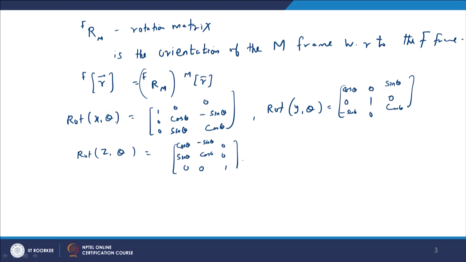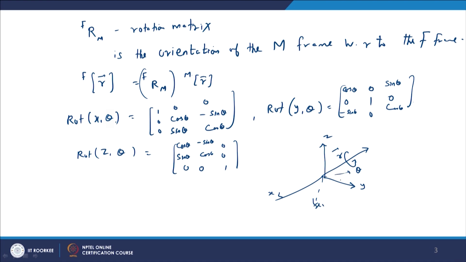Okay. So these three are called the fundamental rotations, and in this lecture we will see, if a frame F is rotated, these are the three axes x, y, z, and if it is rotated with respect to a general axis, let us say general vector r, by an angle theta, then the new coordinate system will be obtained.